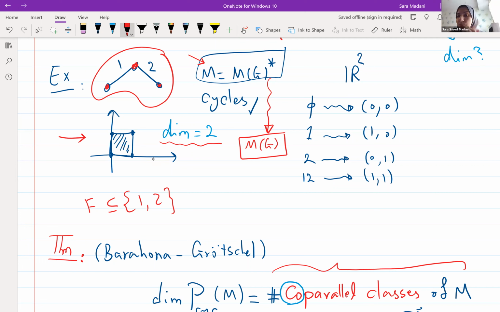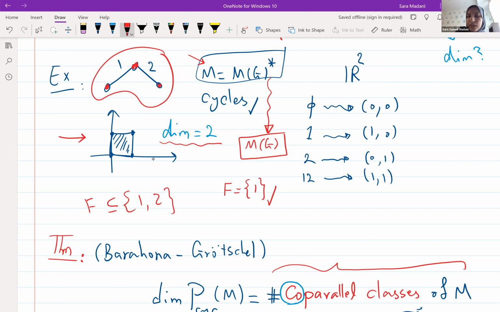But it does not mean that we do not have any parallel classes, because I can take F to be just the singleton of 1. This set has no loop, and any two distinct elements of it, of which there are none, are parallel. So this is a parallel class of MG.